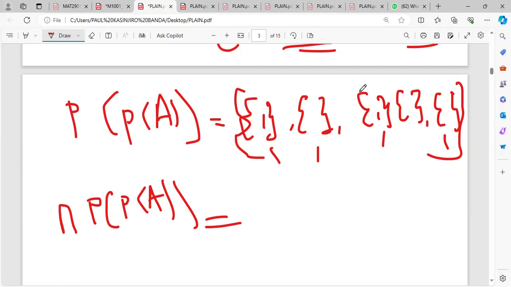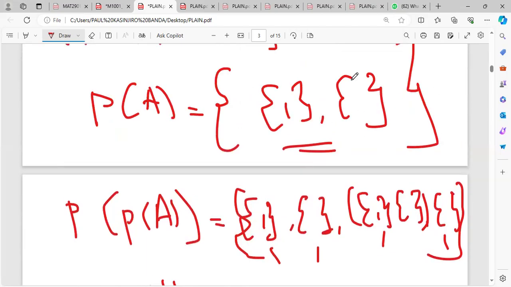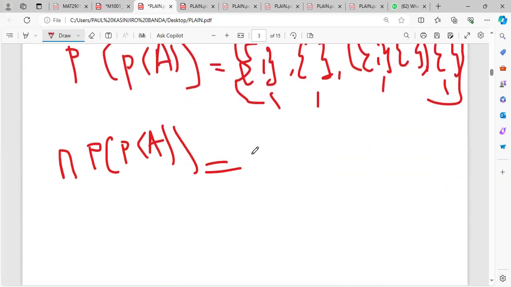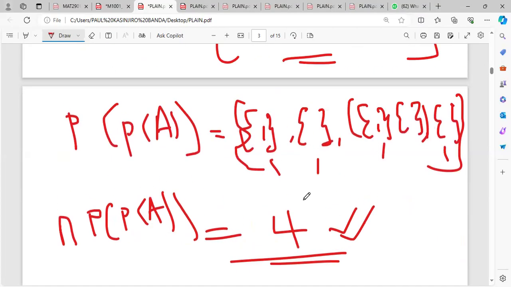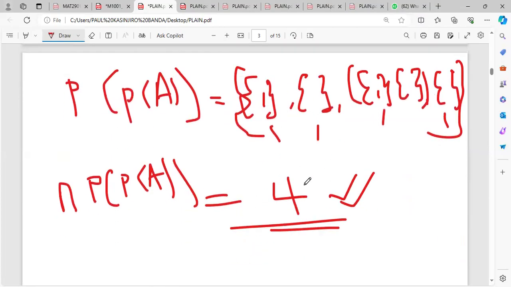This is counted as 1 here. This guy here is counted as 1 because it's here as a whole set. So we can see that the cardinality there is just equal to 4. So we have shown here, and this is the list, and then this is the 4 there. I don't know if it makes sense, but that's how you do it.